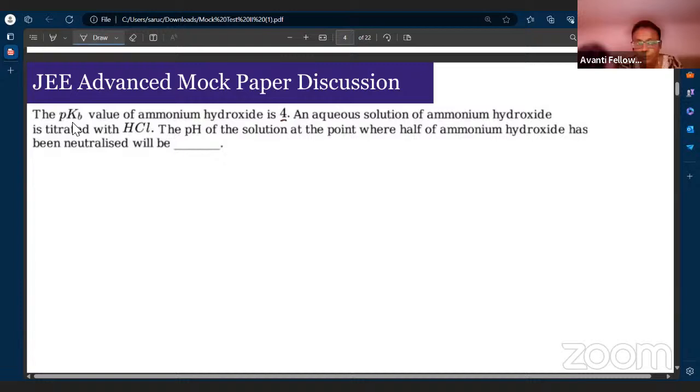So when you treat ammonium hydroxide with HCl, HCl is an acid and ammonium hydroxide is the base. What type of reaction is it?